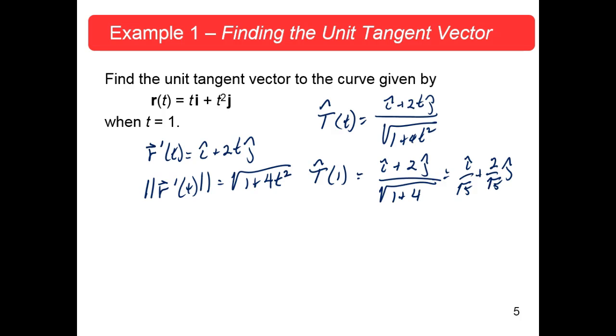And actually, how they wrote it, which is perfectly fine too, is 1 over root 5 times i plus 2j. Okay, there's another way to write it. There are so many different ways you can write these solutions that are absolutely correct. I mean, the first one, if I made that a square root of 5, that would have been fine, this would have been fine.